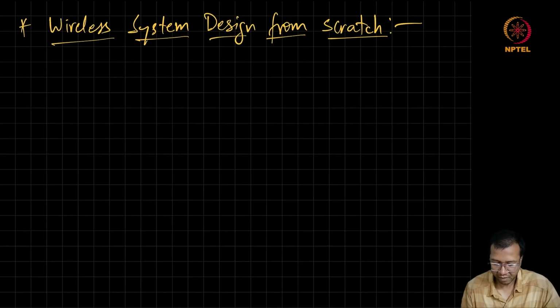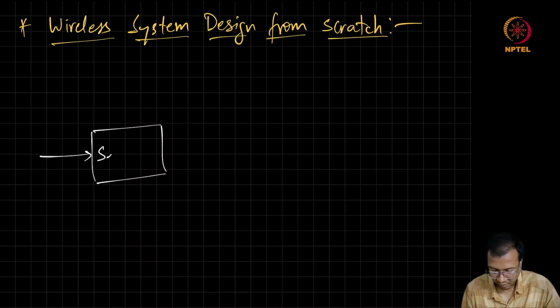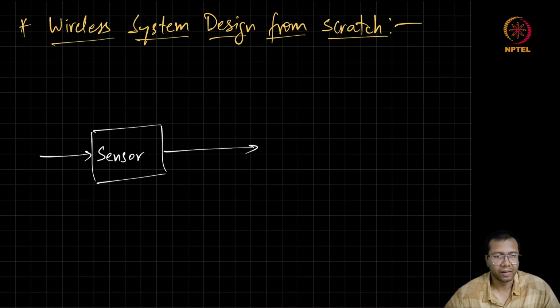The simplest requirement can be in the form of some physical signal which is coming to a sensor. This physical signal, for example, can be sound waves, which need to be converted into the electrical domain so as to later transmit wirelessly. So what we need is a sensor and sensor interfacing circuitry.